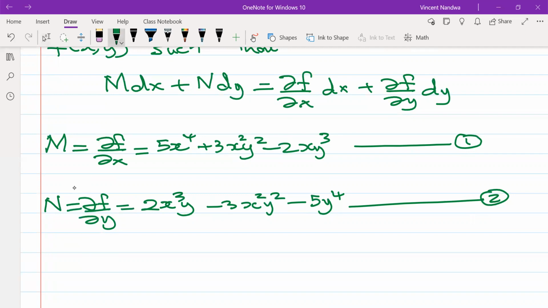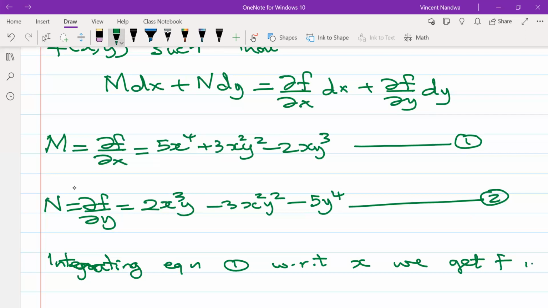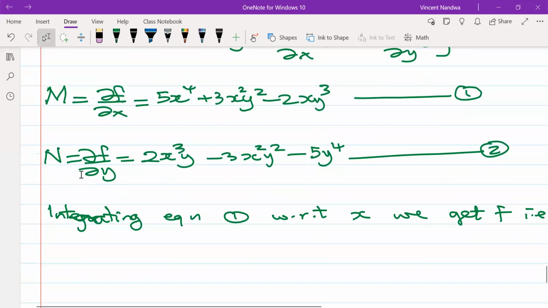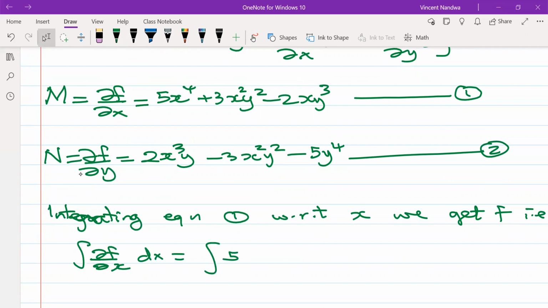Integrating equation 1 with respect to x, we get f, i.e. the integral of partial f partial x with respect to x is the integral of 5x^4 + 3x^2y^2 - 2y^3 dx.